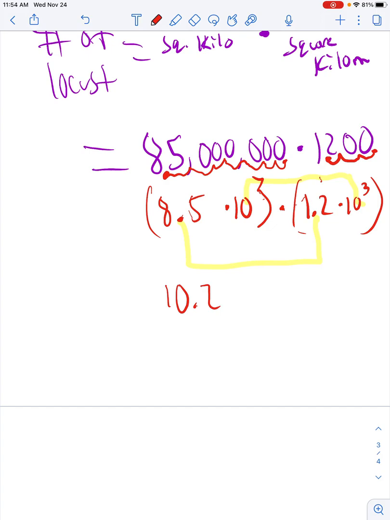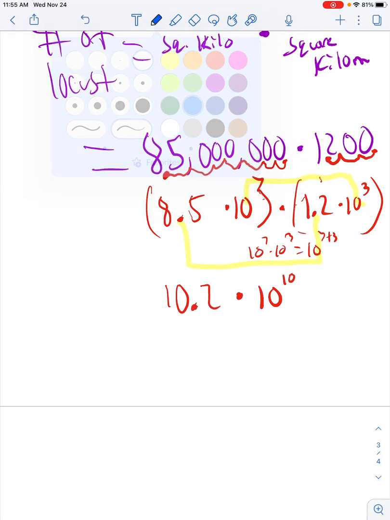And 10 to the 7th times 10 to the 3rd is like saying 7 plus 3, so that's going to give me 10.2 multiplied by 10 to the 10th power. Since we don't want a number bigger than 10, I'm going to move my decimal over one spot, which means I have to add a multiple of 10.